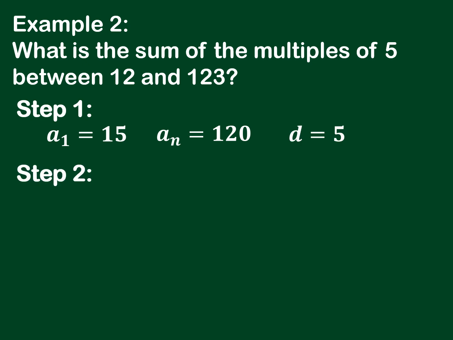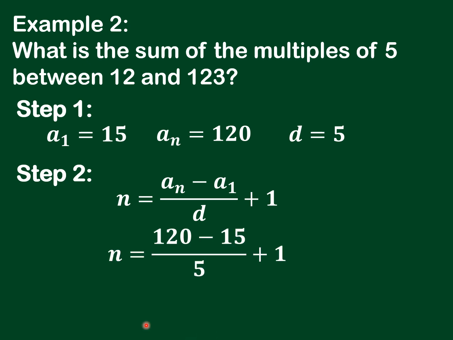For step 2, we're going to use the formula n equals a sub n minus a sub 1 all over d, plus 1. And we're going to substitute now. n equals 120, that is the value of a sub n, minus 15, that is the value of a sub 1, all over 5, that is the value of d, and then plus 1.